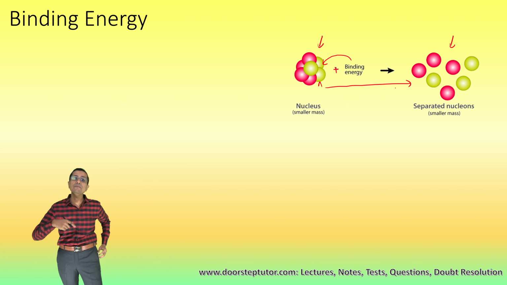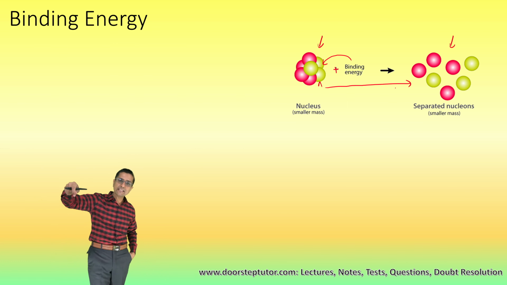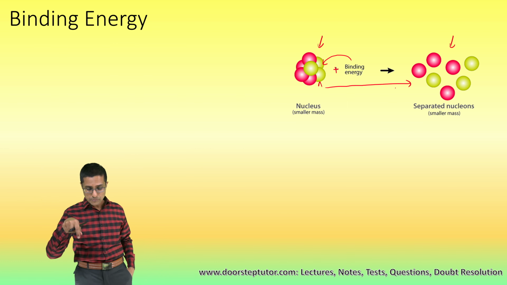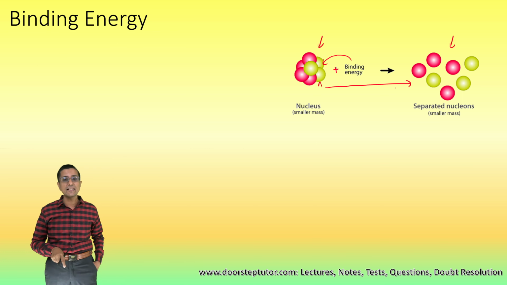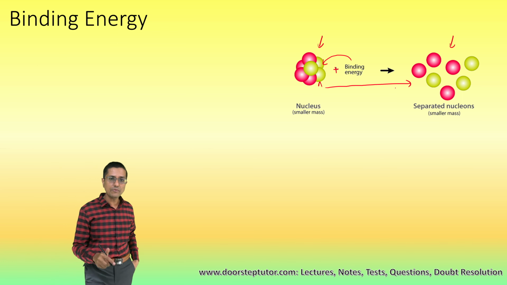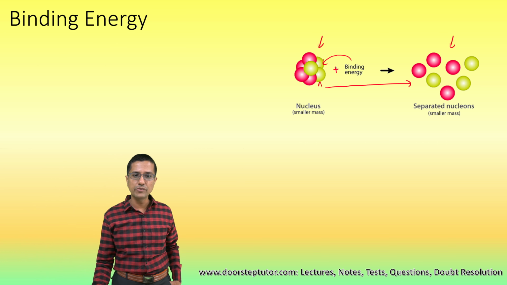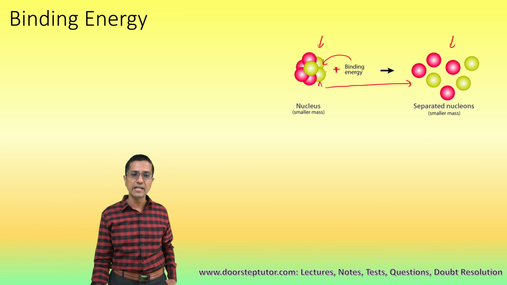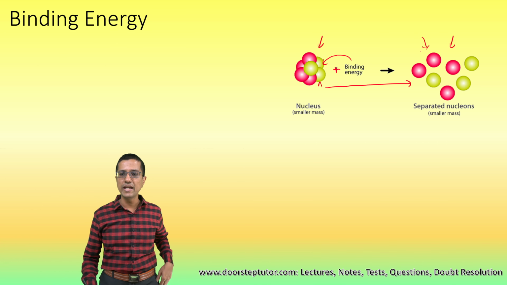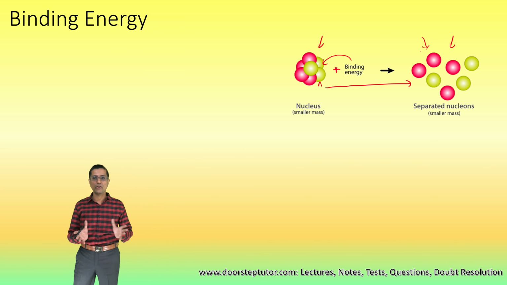I want to see what is even inside these protons and neutrons. So we have to supply a large amount of energy to actually break the nucleons inside the nucleus into individual protons and neutrons. Okay, and that energy is known as binding energy.